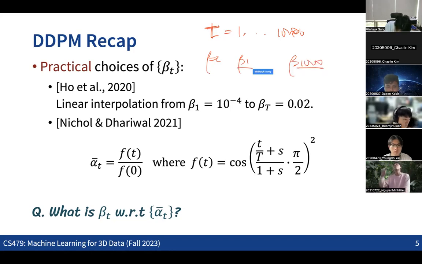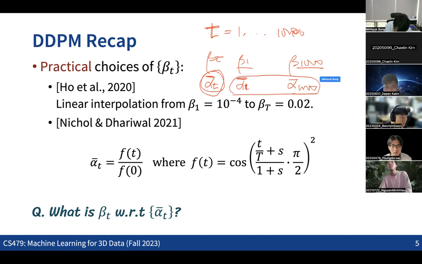But instead of this, we can consider defining the alpha t hat from 1 to 1000, and based on the numbers that we defined for the alpha hat, we can calculate the beta. Then if we have the set of alpha hat, how can we compute the beta t for each time step t?